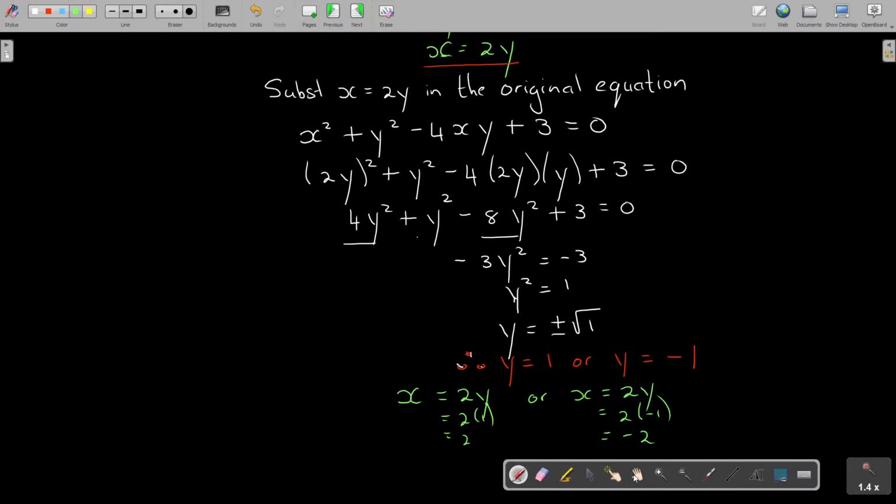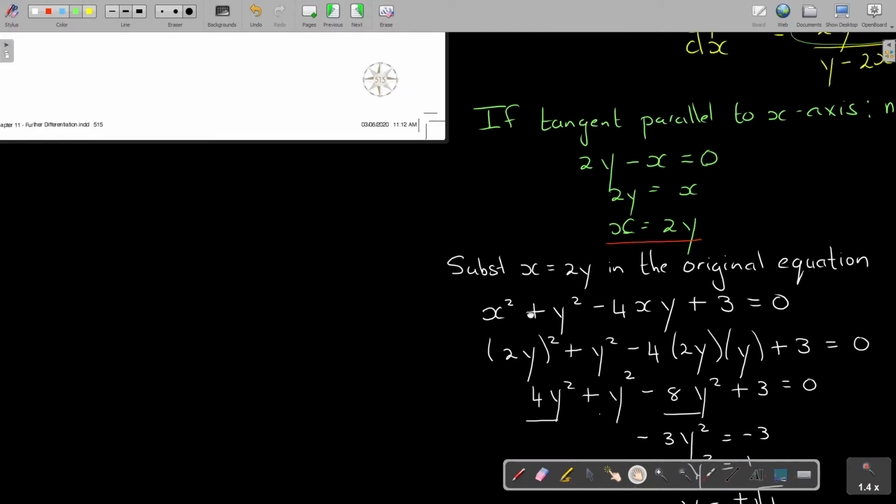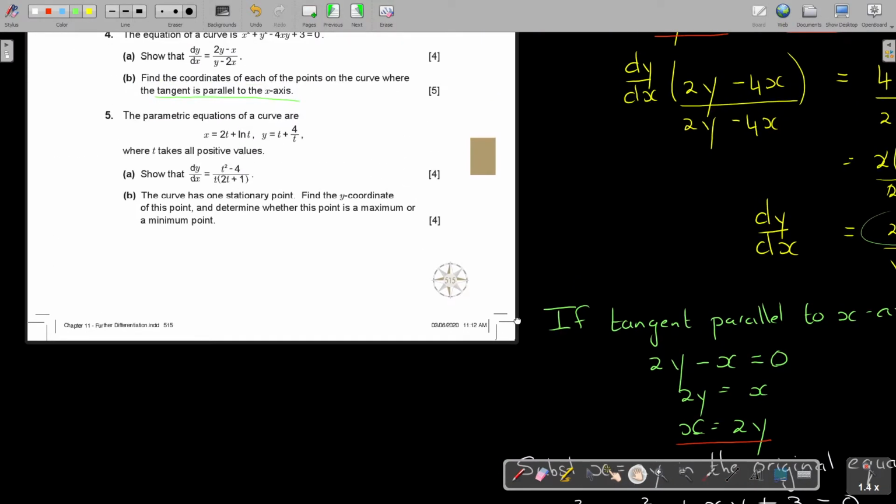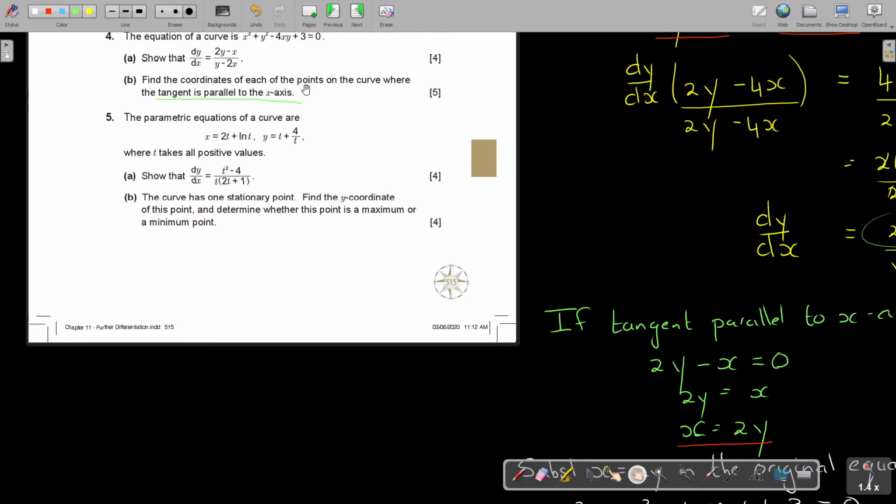And now what is the question asking? Let's just go back. I'll show you. You cannot stop like that. Find the coordinates of each of the points on the curve with the tangent.